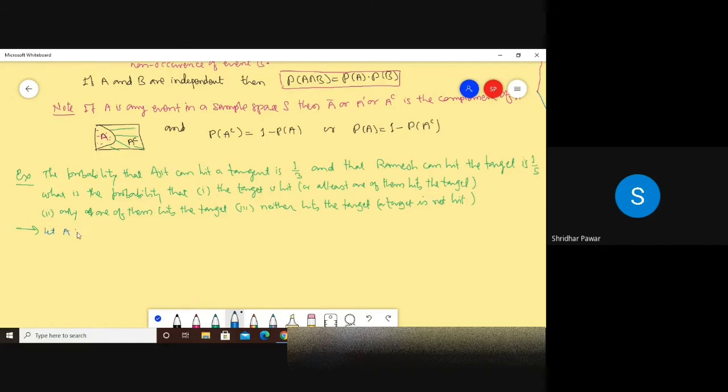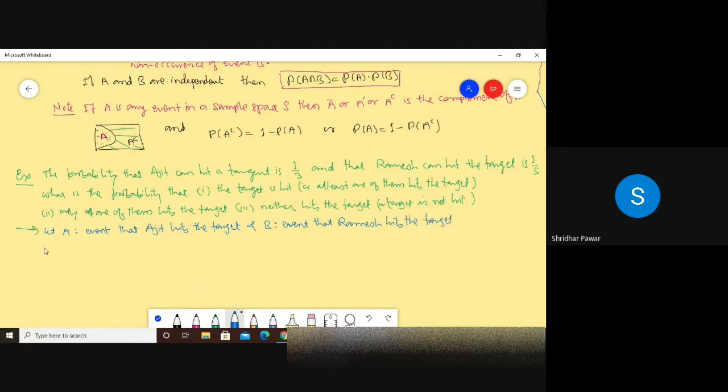Let A be the event that Ajit hits the target, and B be the event that Ramesh hits the target.